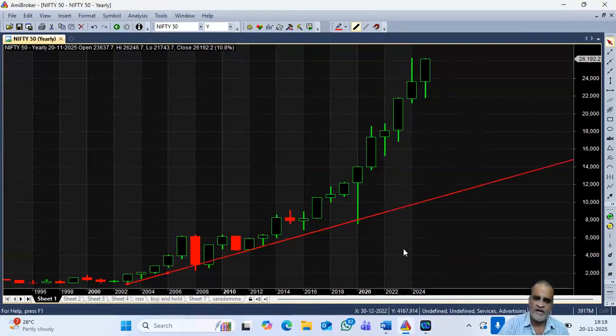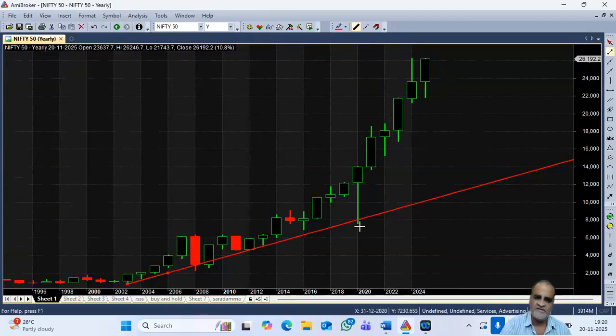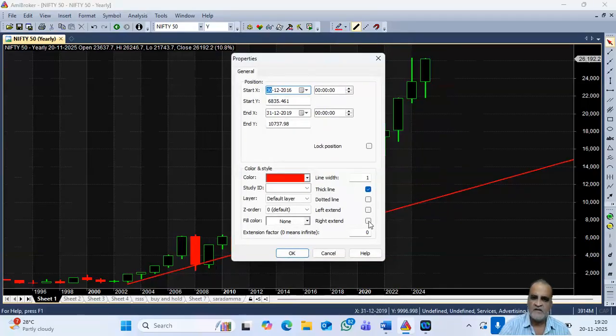Now you can see along this line acted as a very good support level. And you can see this another trend line drawn when there is a good deviation from the upper side, I mean left side. Here it is 1, 2, 3. Again, I will extend this to right.